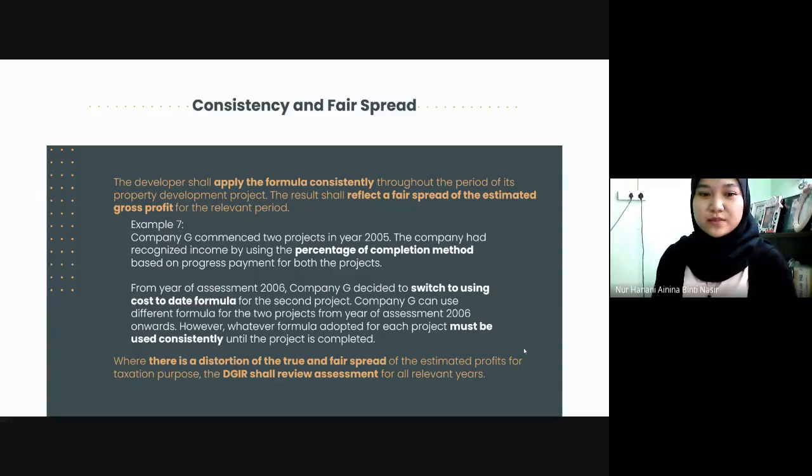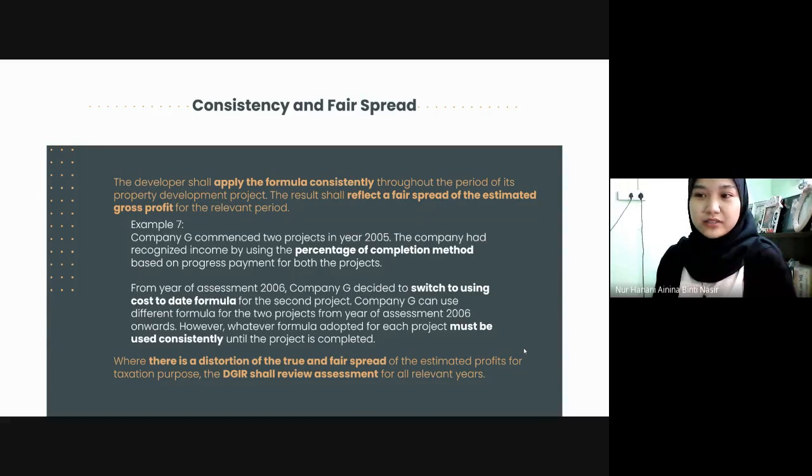So in year assessment 2006, company G decide to switch to using another formula, which is cost to date formula. So company G can use the formula starting year assessment 2006 onwards. However, whatever formula they adopted for each project must be used consistently until the project is complete.